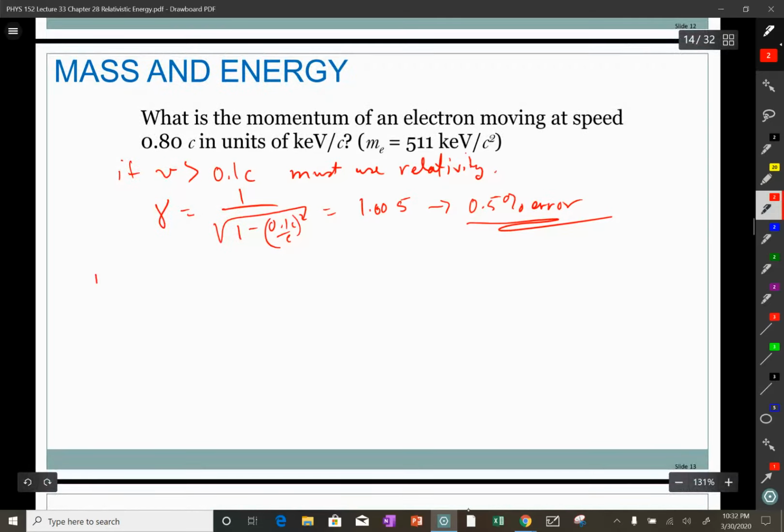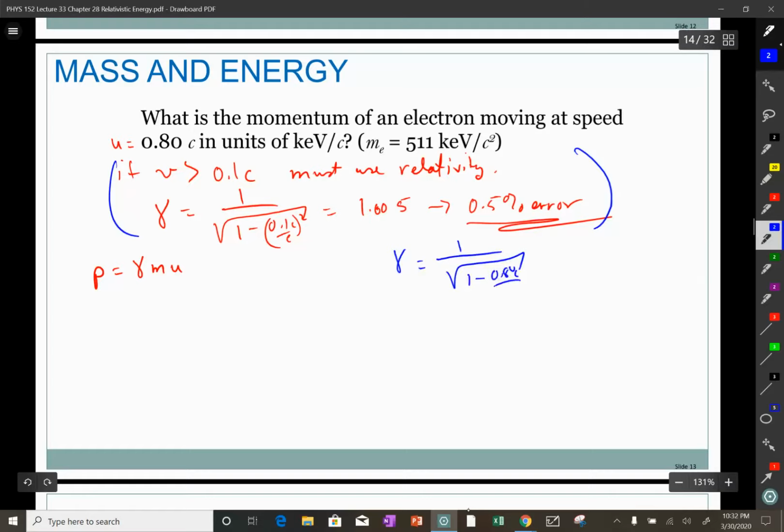So that means momentum is equal to gamma m u, and I'm going to use u this time just to be consistent. So what is gamma? That's for determining if we have to use it. So gamma for this problem, 1 over the square root of 1 minus (0.80 C over C) quantity squared.